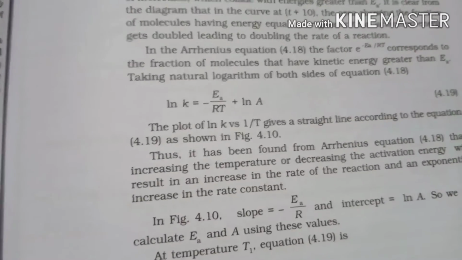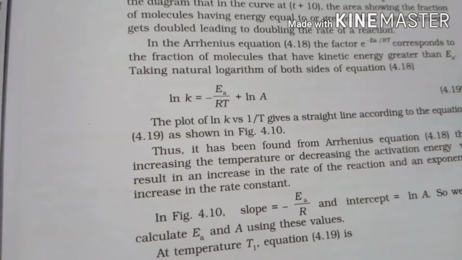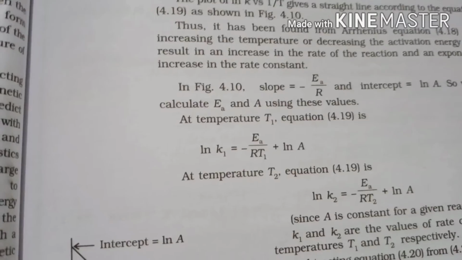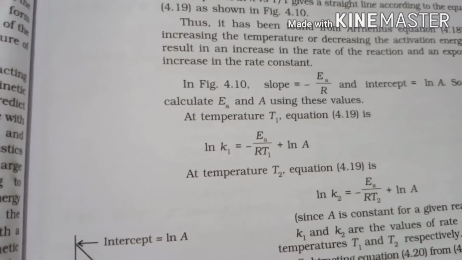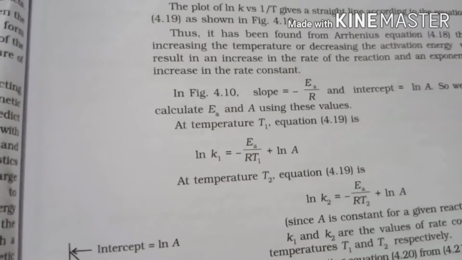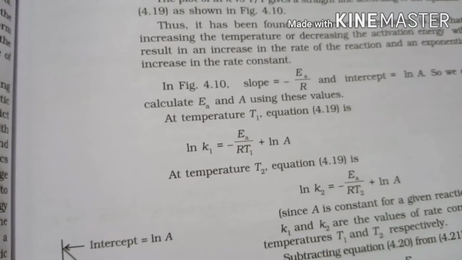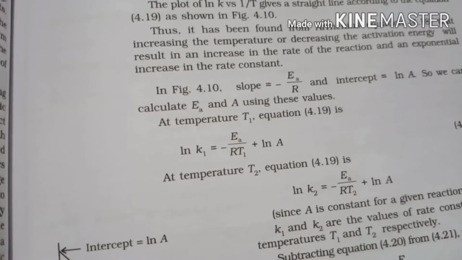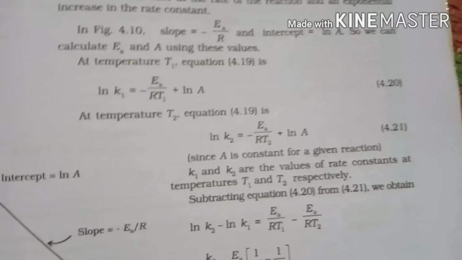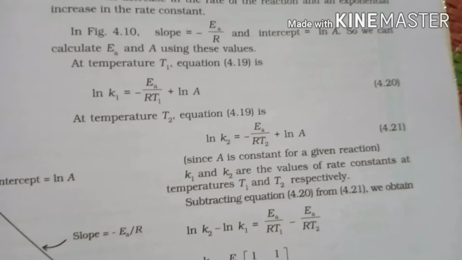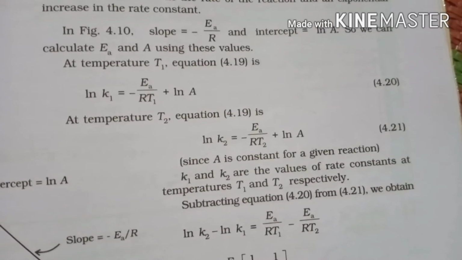So we can calculate Ea and A using these values. At temperature T1, the equation becomes ln k1 equal to minus Ea by RT1 plus ln A. At temperature T2, we get ln k2 equal to minus Ea by RT2 plus ln A. Here k1 and k2 are the values of the rate constant at temperatures T1 and T2 respectively.